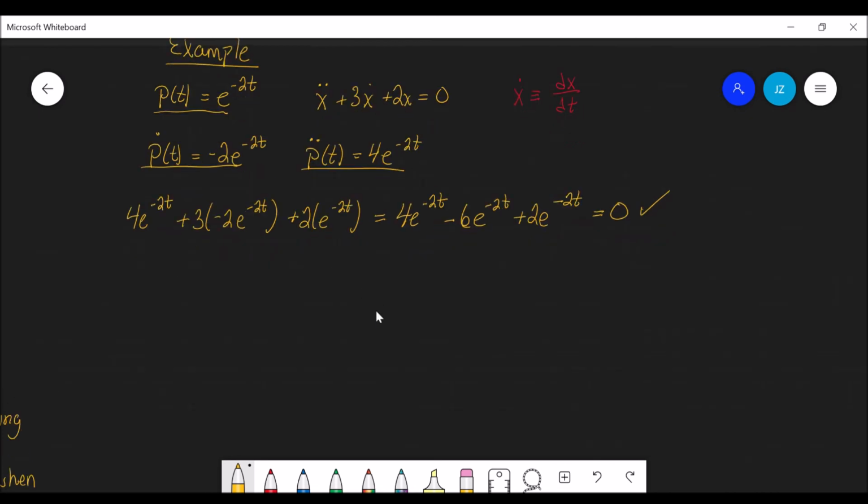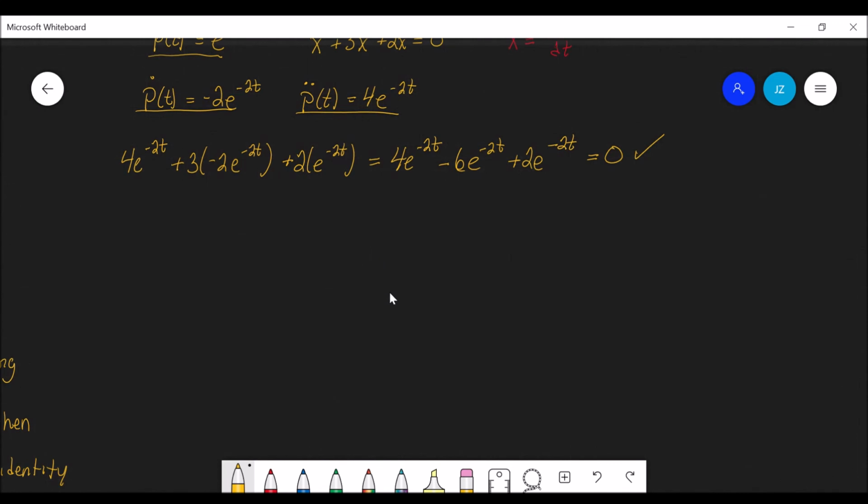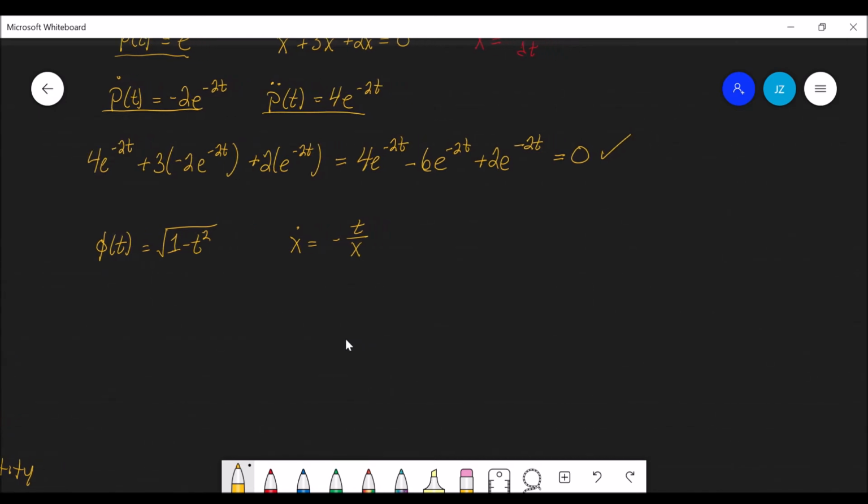Now let's look at the function phi of t equals the square root of 1 minus t squared, and the equation x dot is equal to negative t over x. So as before, what we want to do is take the derivative of phi with respect to t.